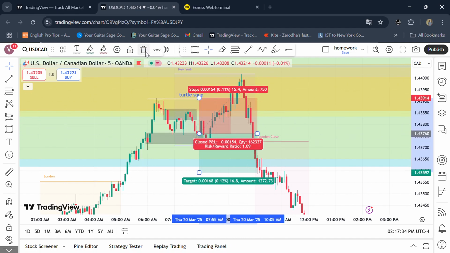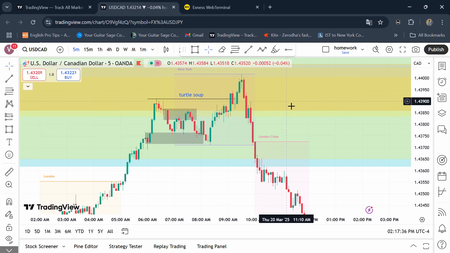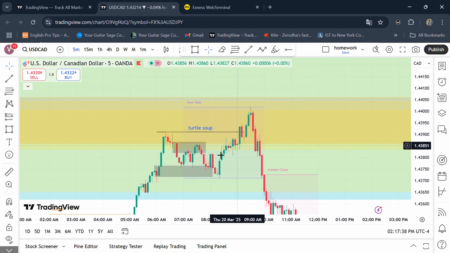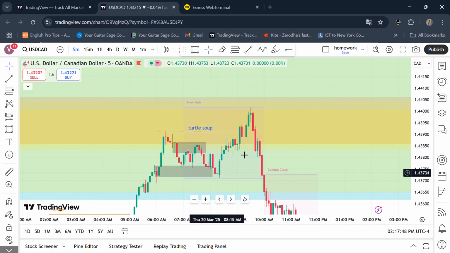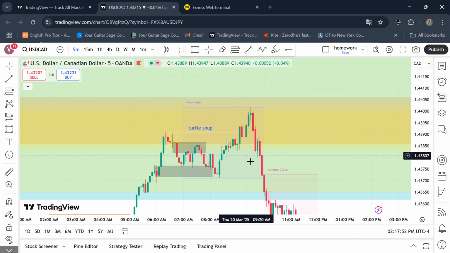But worry not, because we know what was happening here. At first we thought this was the Judas swing for New York, but in reality this was the Judas swing, because we knew it was going to make a turtle swoop.